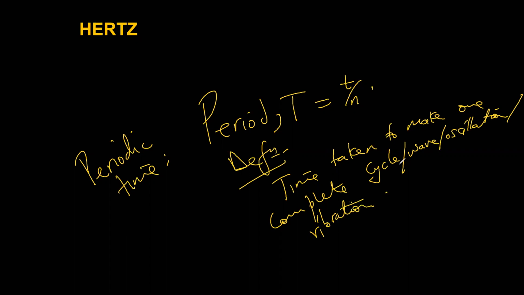So periodic time is defined as the time taken to make one complete cycle. That's what I said. And from F equals 1 out of capital T, we can say that T is the same as 1 over F. So given one, you can find the other. That is what I need us to know as well.